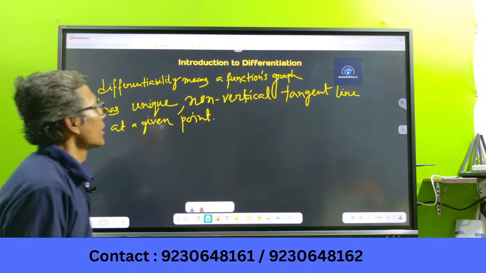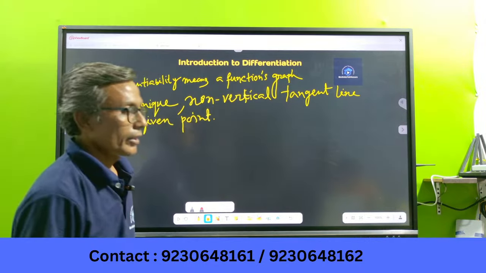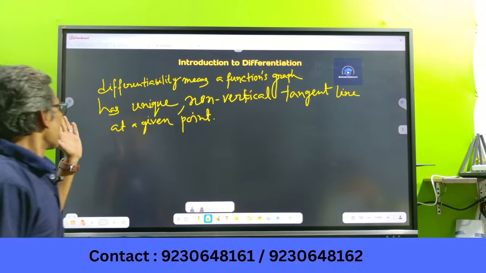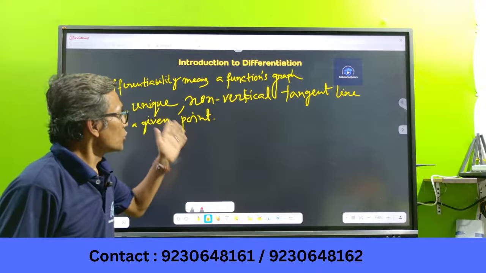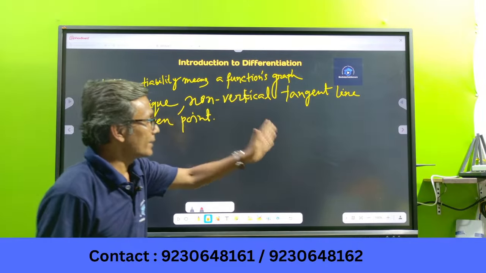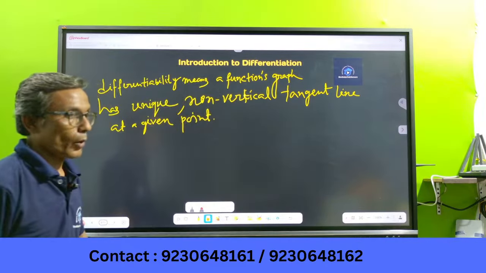Differentiability means a function's graph has a unique, non-vertical tangent line at that particular point.